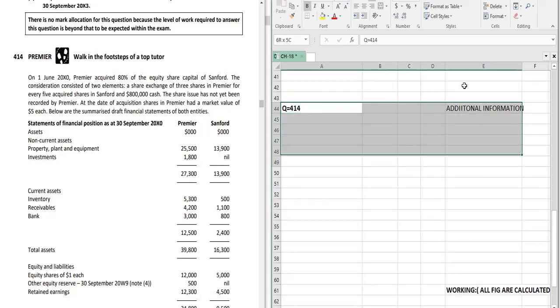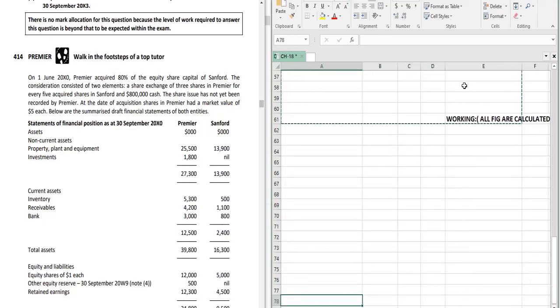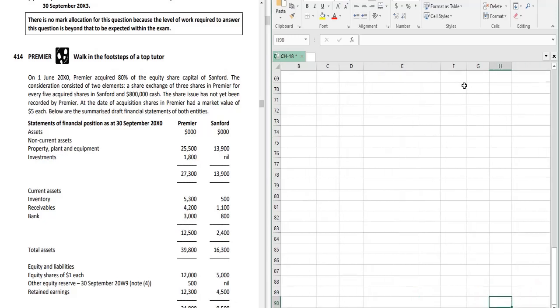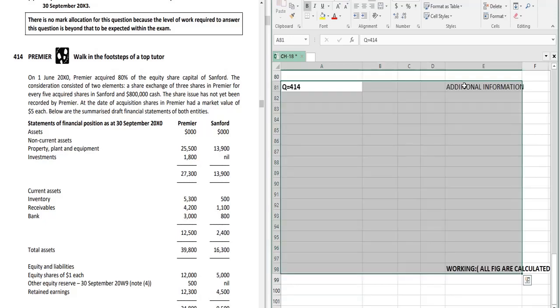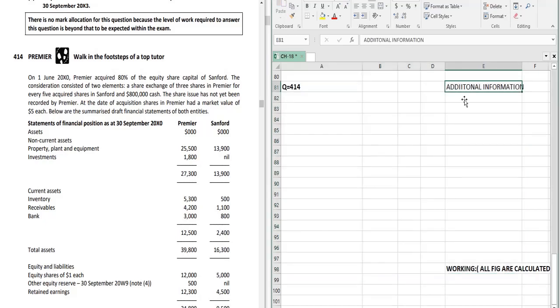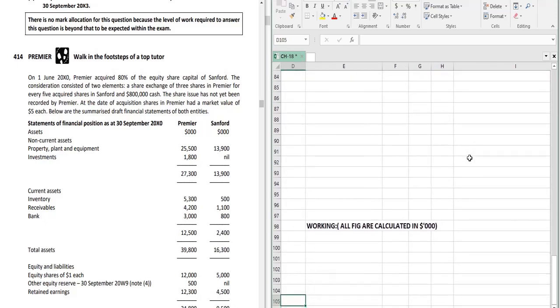So here we will do the workings. First, we will do working one.